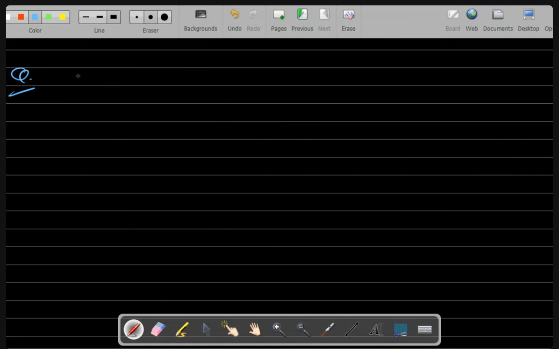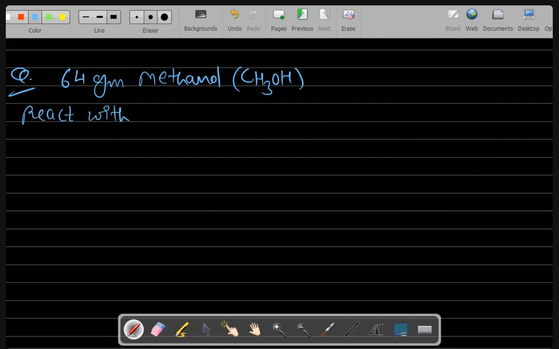Suppose it is saying that we have 64 gram methanol, that is CH3OH, reacting with 96 gram of oxygen. Oxygen gas technically always means O2, right?